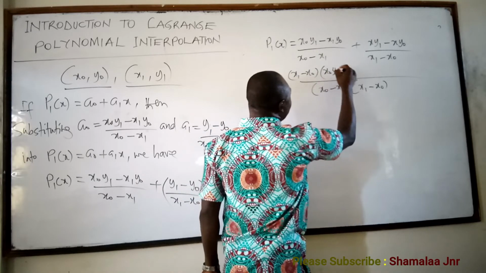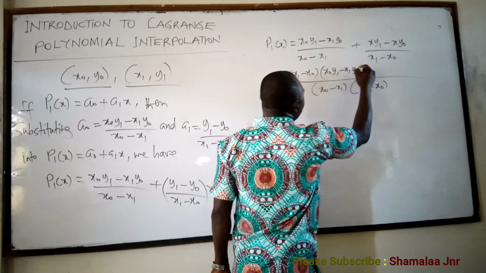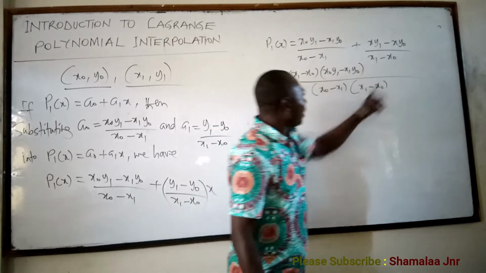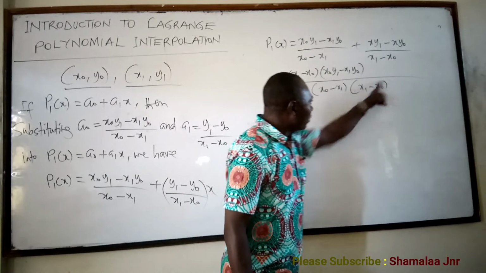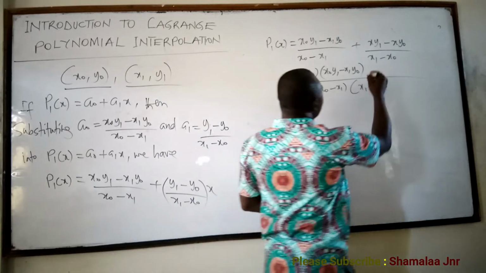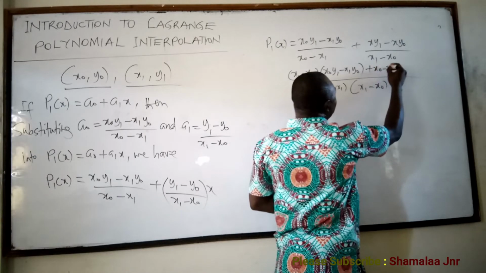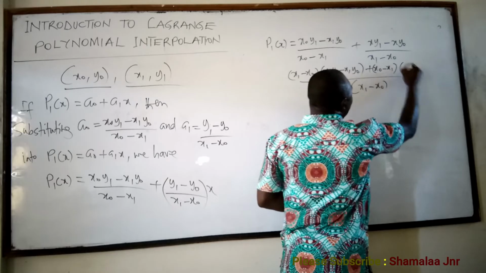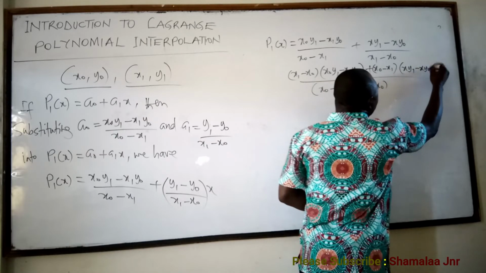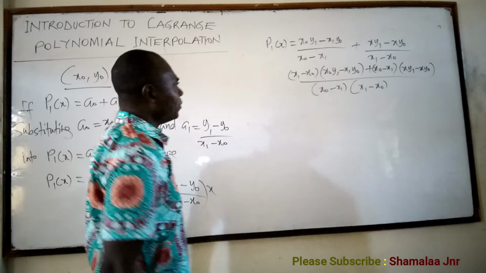S naught y1 minus s1 y naught. Isn't it? Now x1 minus s naught comes into the whole of this. To cancel this one, so you'll be left with s naught minus x1. So plus s naught minus x1 all times xy1 minus xy naught. Isn't it? So you have it this way.